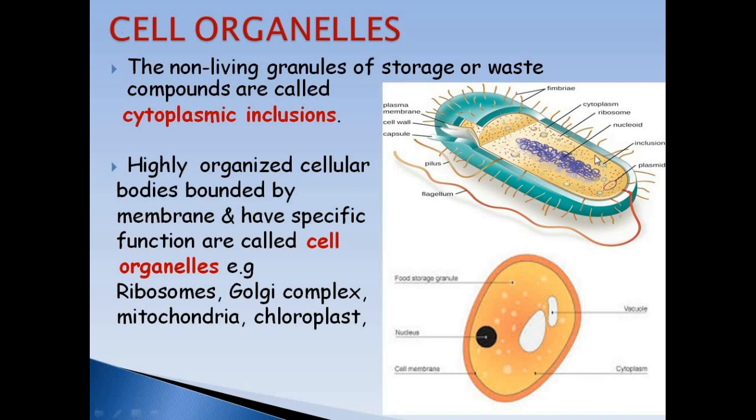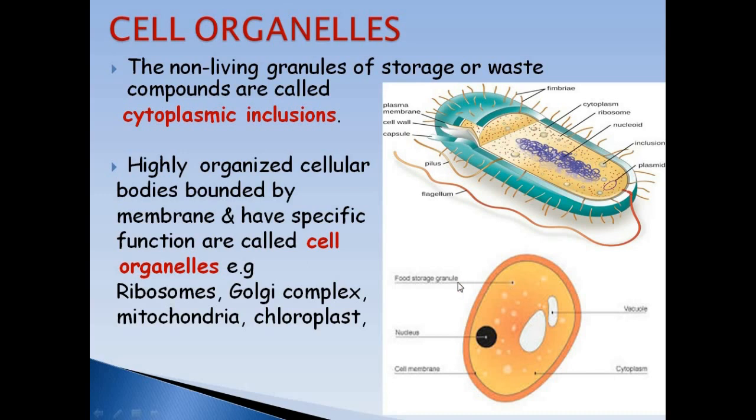As you can see, this is a prokaryotic cell where these droplets of food are present in the cytoplasm. These are called cytoplasmic intrusion. Same is the case in eukaryotic cell, where these lipid droplets are the food granules or storage molecule. So these are cytoplasmic intrusions.